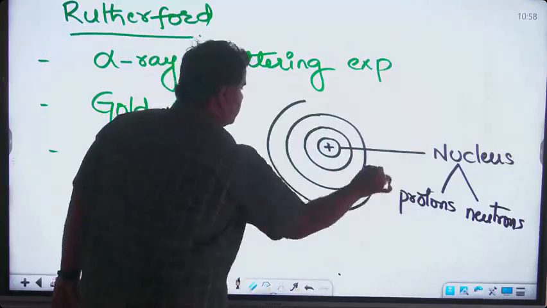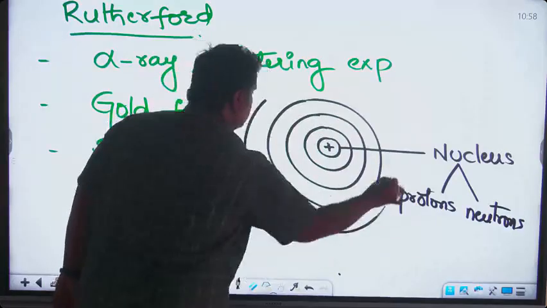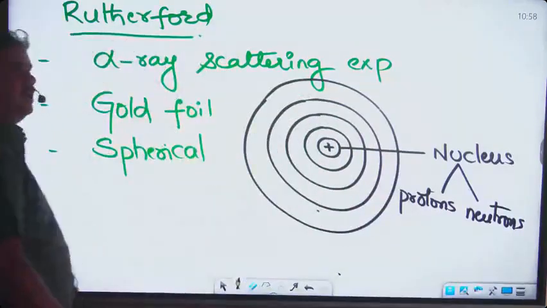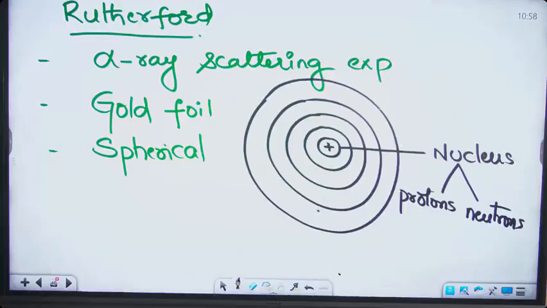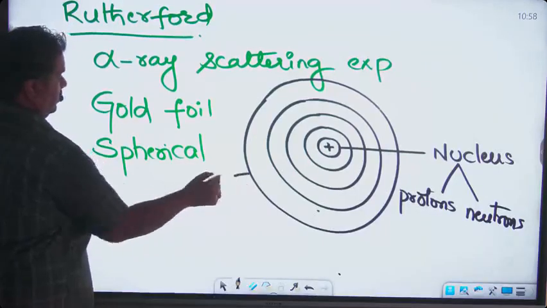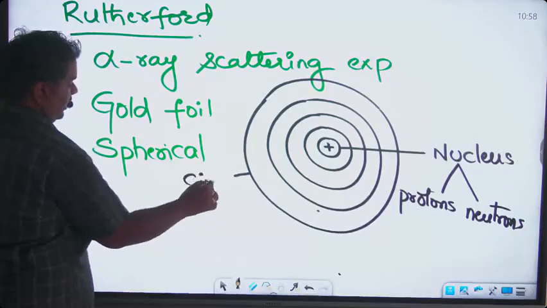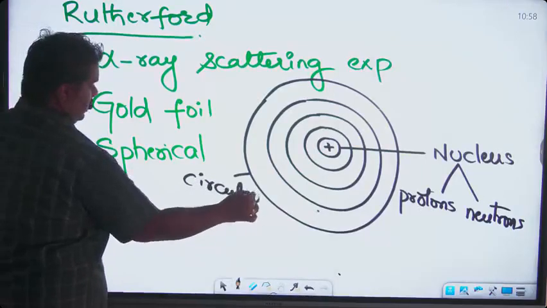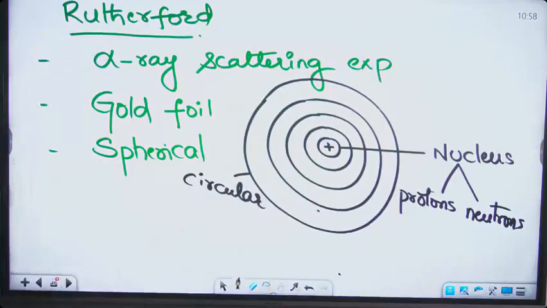The electrons are present around the nucleus in circular orbits. Underline the word circular orbits. In the Rutherford model, the word we use or see is circular orbits.